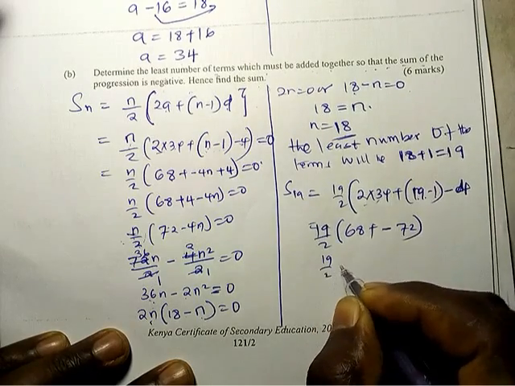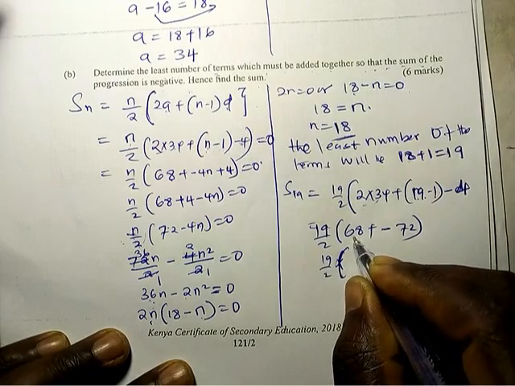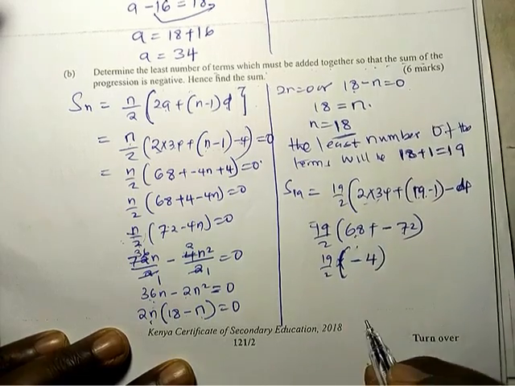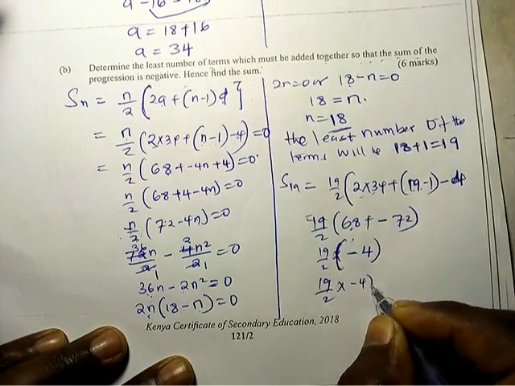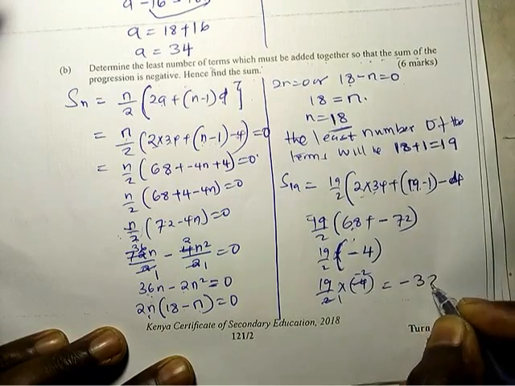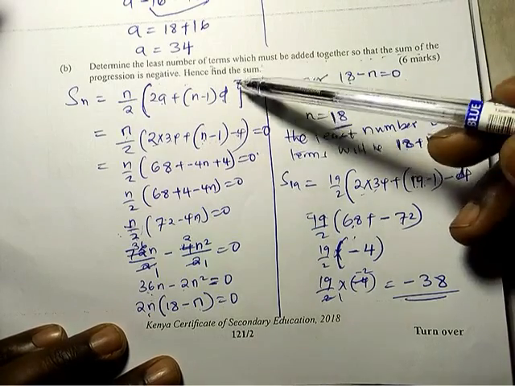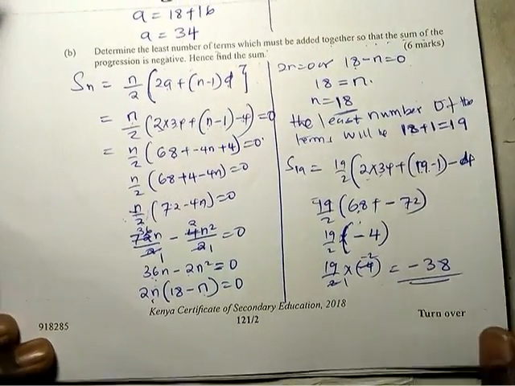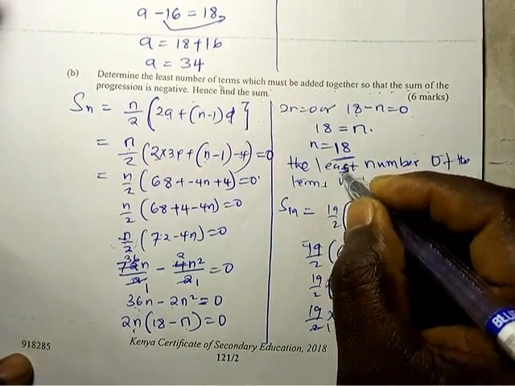So 19 over 2 times 68 minus 72, which is negative 4. So 19 over 2 times negative 4, the answer is negative 38. So you have seen that 19 terms is the least giving us the negative sum. It was tricky, but you can see how it was supposed to be done.